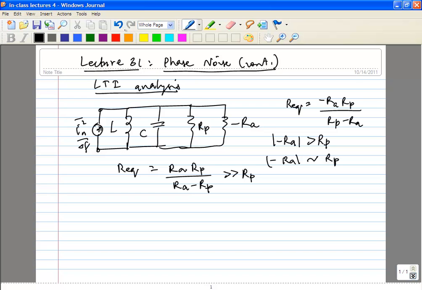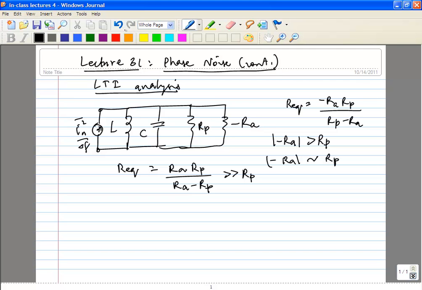Minus RA should be greater than RP, by design. At resonance, minus RA is going to be equal to RP. At any other point which is not at resonance, all the losses will not be compensated by the active circuit. So you cannot say it is RA and RP; the effective impedance is what matters.